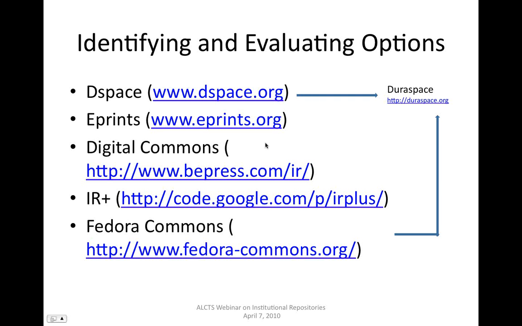The kind of new entry on this list is next to the last one, IR Plus, which is a recently developed platform out of Rochester, open source, actually building on some of the work that they did at Rochester about what features faculty would find of use in repositories. So they developed a brand new IR platform that you can find out more about.